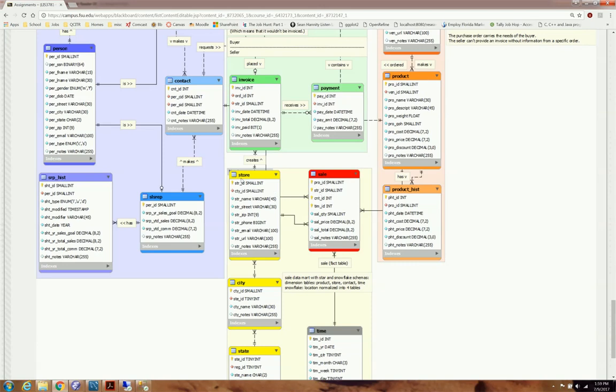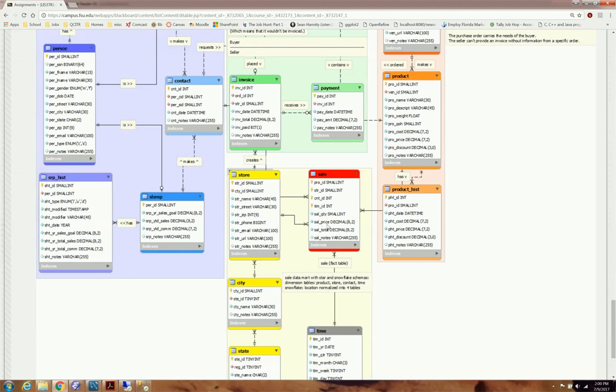Store has its own primary key, store ID, but it's the foreign key in the sale table. CNT for contact. Contact ID is a dimension table for the sale fact table, and contact ID is the foreign key in the sale table. Time ID is a foreign key from the time ID table, which is a primary key.